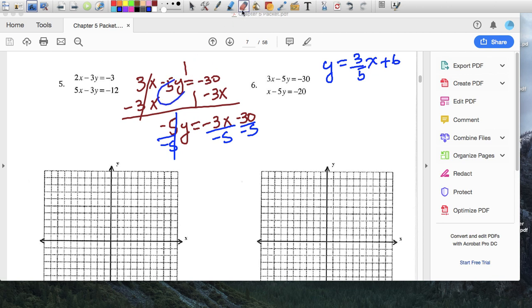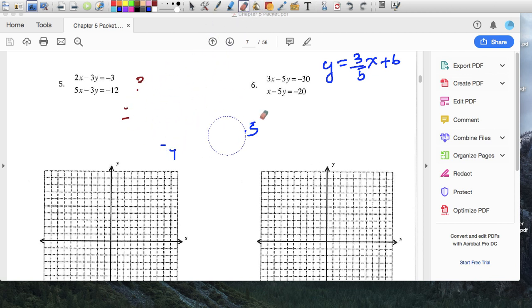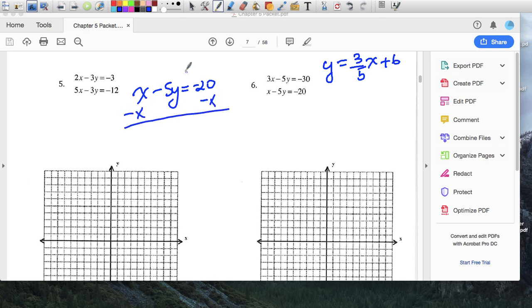Let me change my second equation again to the y equals mx plus b format, and I have x minus 5y equals negative 20. I'm going to subtract x on this side. So I'm going to bring down the negative 5y because these go out, and this becomes negative x minus 20.